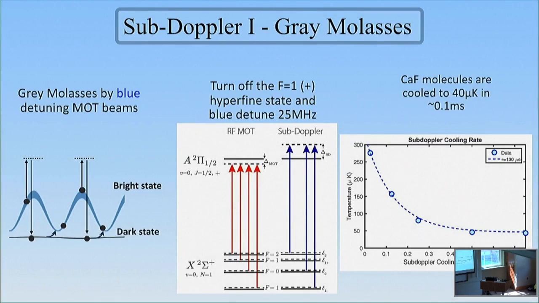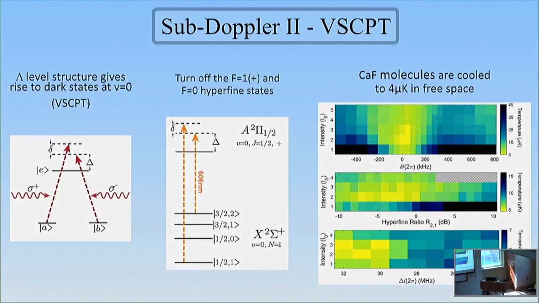There are complications, but the typical gray molasses, you turn off the MOT, then you put on light which is sub-Doppler tuned, above resonance, blue detuning, and you can cool the molecules down from around 1 millikelvin to around 50 microkelvin in a very short period of time. That's not a surprise. Of course, we didn't know whether it would work, right? Because there are other complications, but it turns out that it's not that complicated.